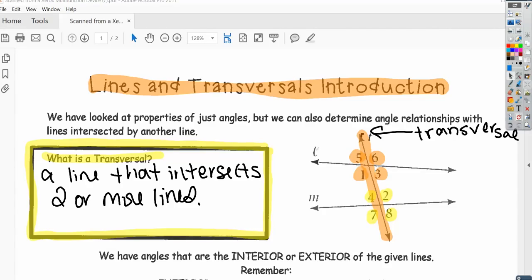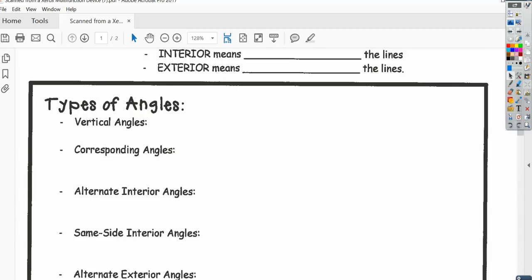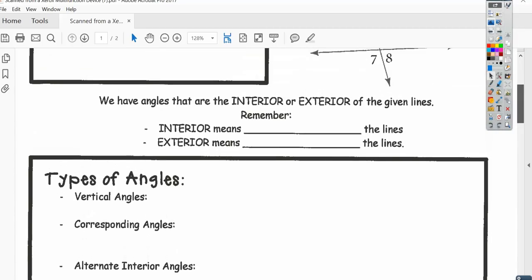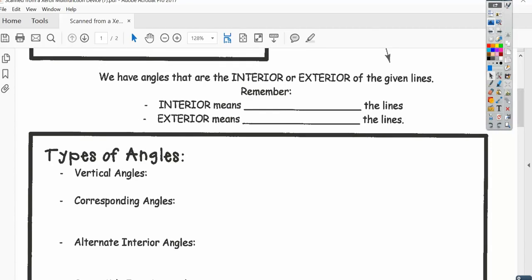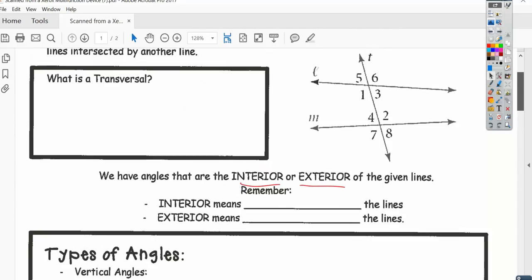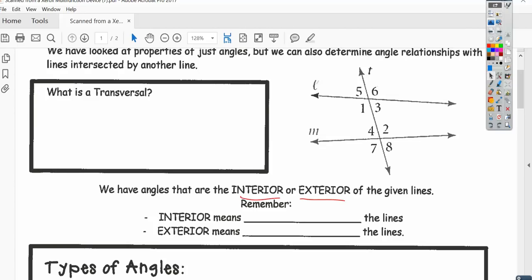So if I scroll down just a little bit, but I scroll down a little too far, it says we have angles that are interior or exterior of the given lines. So notice we have interior angles and exterior angles. If I scroll up, I have angles on the inside between my lines, and I have angles on the outside, which are my exterior angles. So interior angles just mean they're between the lines.